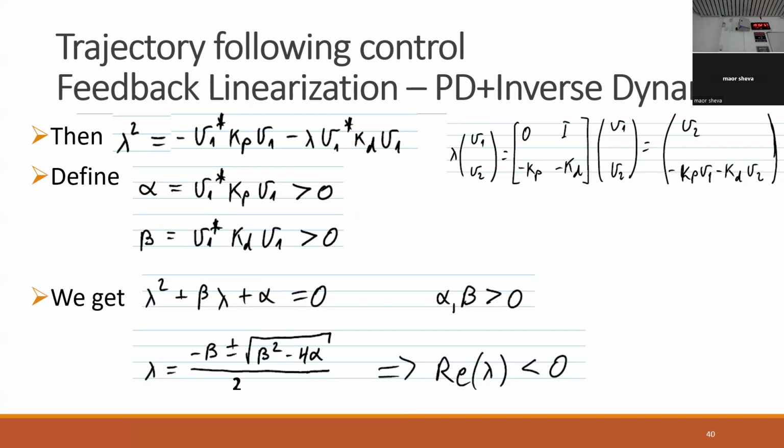And we get to this. Lambda squared equals this term that we reached.